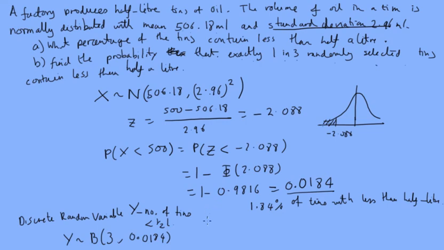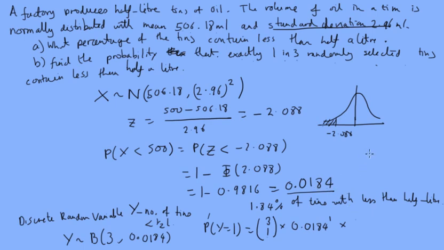So the probability that y equals 1 is, well, there's 3 tests and 1 is a success. And so then we'll times that by our 0.0184 to the power 1, times, and a failure would be more than half a litre in this case.